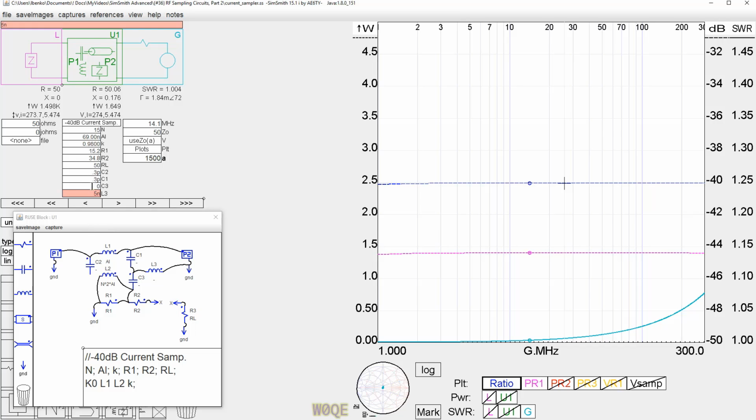Let's ignore C2. C1 now is a larger number than it used to be because it was 0.3 picofarads from here to here. By putting a shield in here and the thickness of the shield and all the other stuff, it's going to more than double. So let's make it say 0.8 picofarads. And then this would also be 0.8 picofarads. Those two in series would be 0.4, where we had 0.3 before, now it's 0.4.